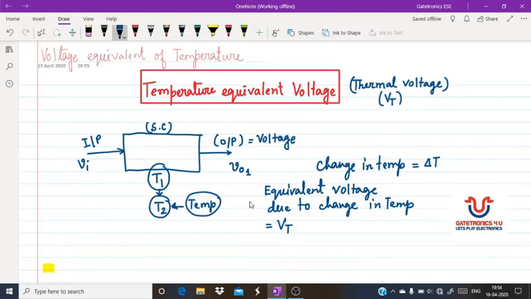This Vt is given by our equation Vt equals kT by q, which is very important for GATE exam purposes. Vt equals kT by q and the unit will be volt.